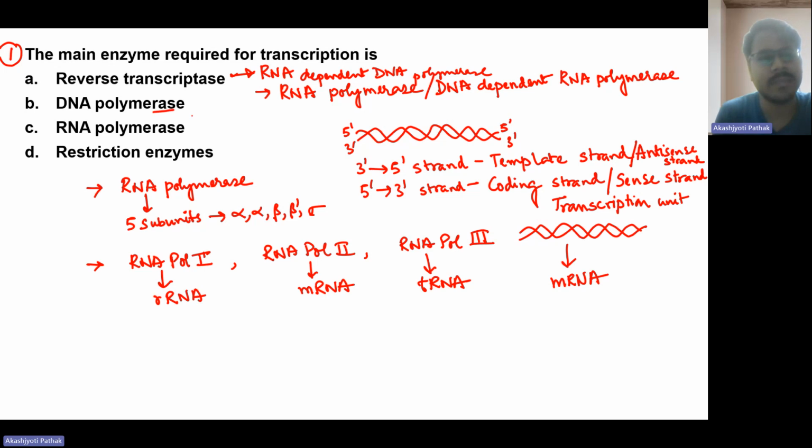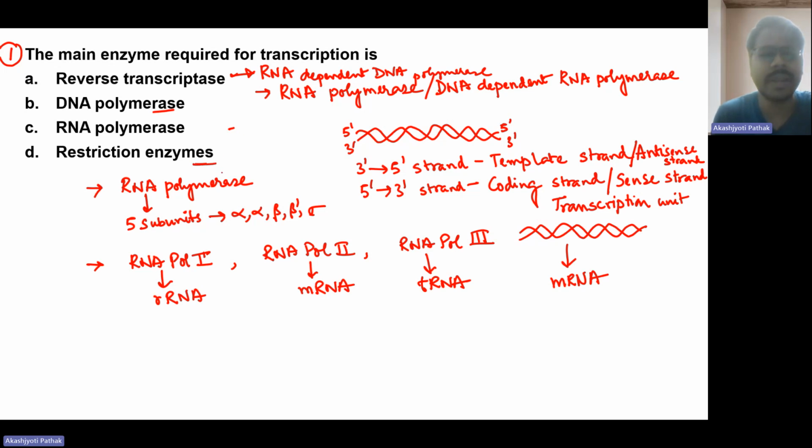DNA polymerase is the enzyme involved in DNA replication, and RNA polymerase is the enzyme involved in transcription. Restriction enzymes are different. They are used in cloning experiments. They are produced by bacteria and protect the bacteria from bacteriophages.